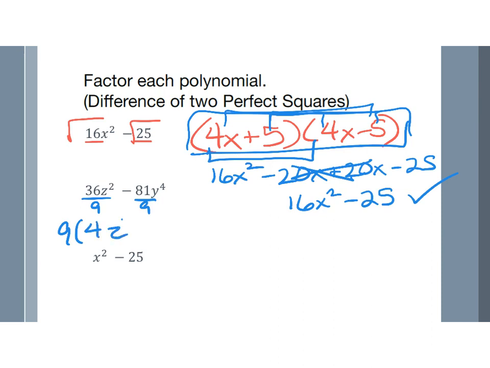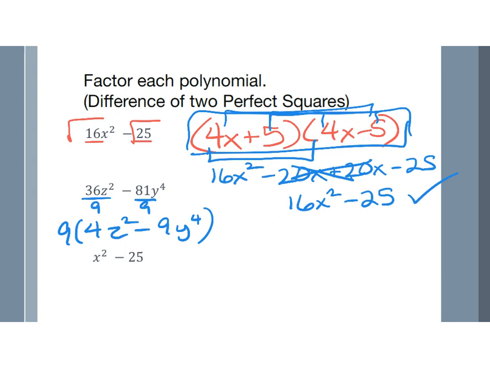So 4z squared minus 9y to the 4th. Now, if what remains in that parentheses can be factored further, I need to keep going. Are 4 and 9 perfect squares? Yes. Now, when your exponents are even numbers, notice how it's a 2 and a 4? The variable exponent, when it's even, is a perfect square.